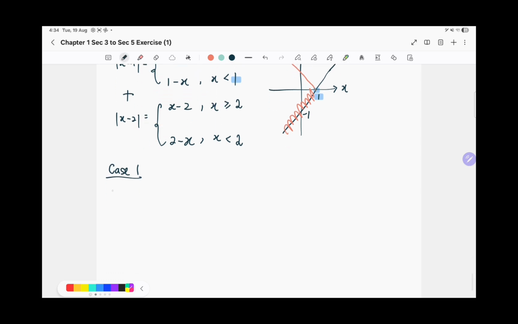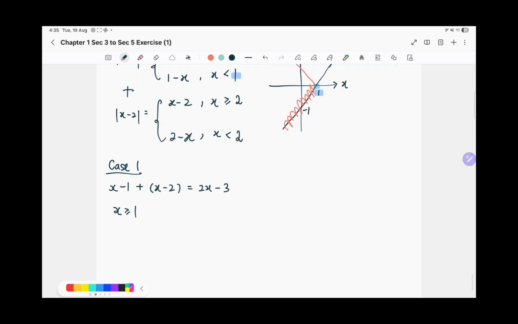So x minus 1 plus x minus 2 is 2x minus 3. The condition is x greater than or equal to 1, x greater than or equal to 2. And we want them to happen together because we want to plus them together. So you have to make sure they happen at the same time.